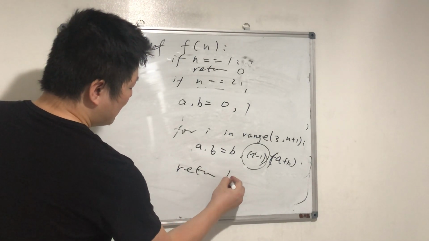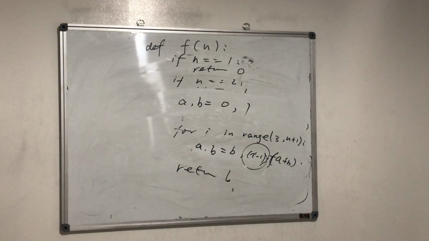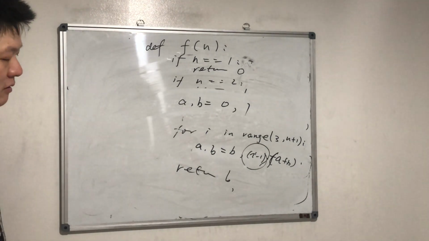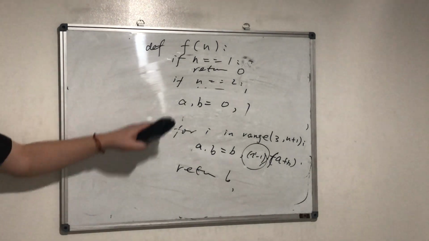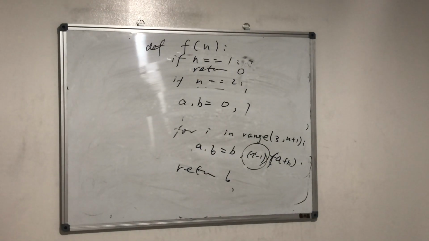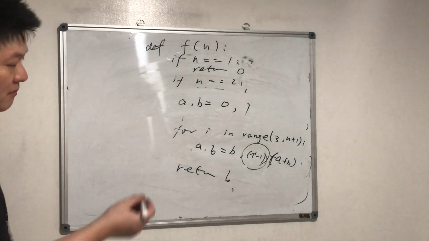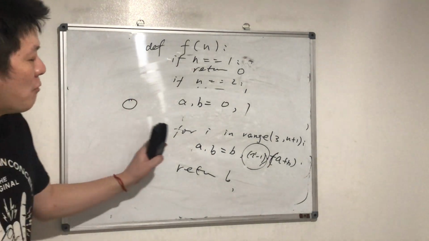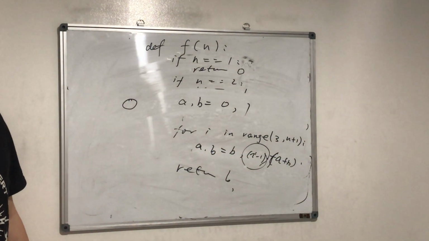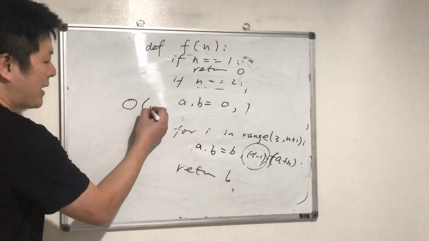Got it? What's the time complexity? How many iterations do I need to go here? n, so O(n). What's the space complexity?